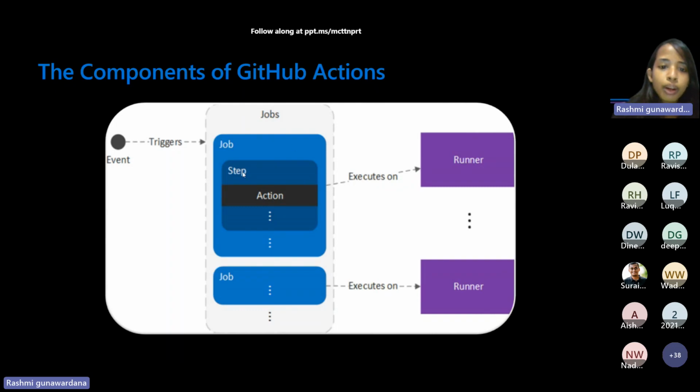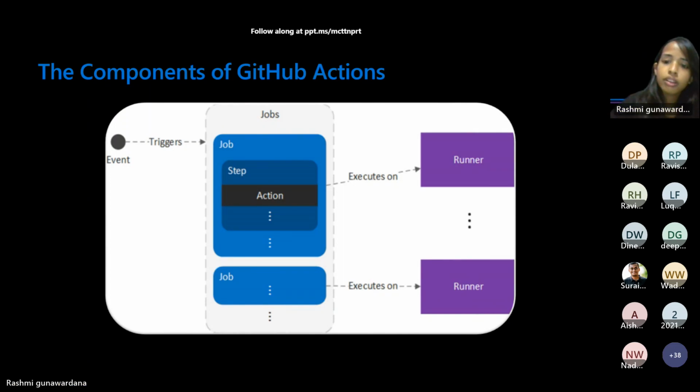If you take this one single blue container, this job has steps and each step has an action. These jobs separately work on runners. The first job can execute on, say, an Ubuntu environment, then the second job can work on a Windows environment. So it's up to us. We can define any custom workflow according to our requirement.